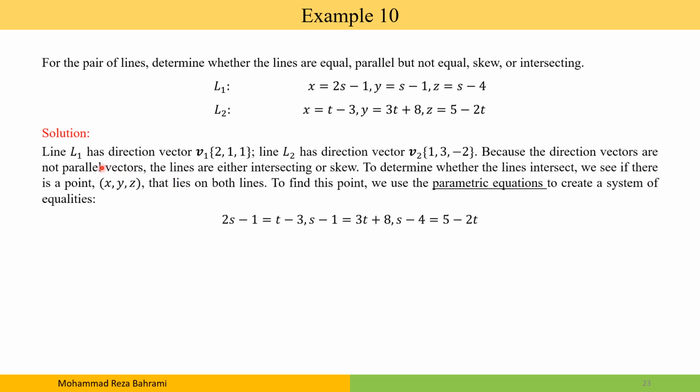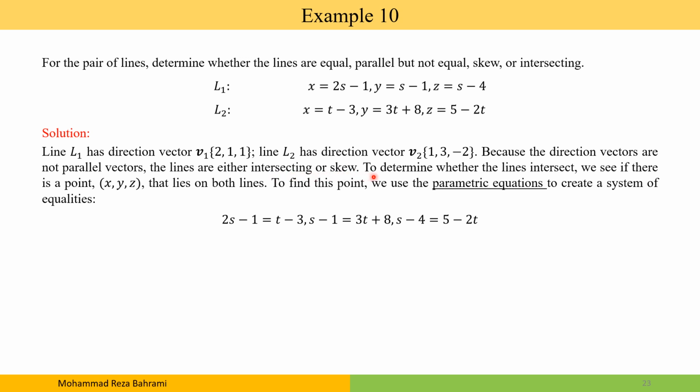For the first line, we have a direction vector 2, 1, and 1. And for the second one, we have 1, 3, and minus 2, sorry. So they are not parallel. Why? Because they are not proportional to each other. So it means that they are either intersecting or skew.